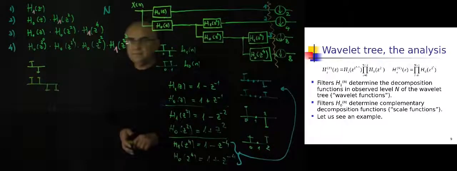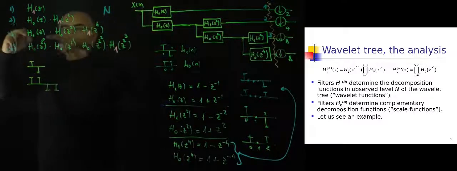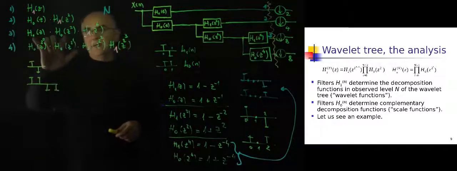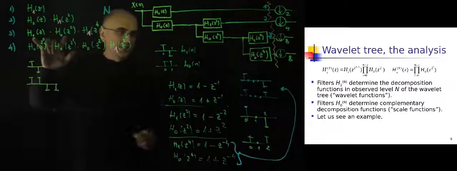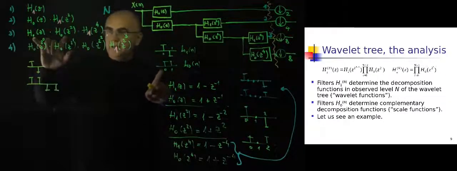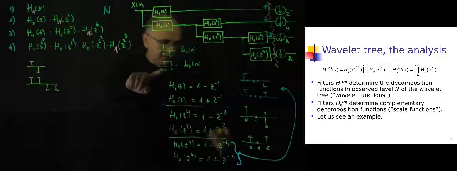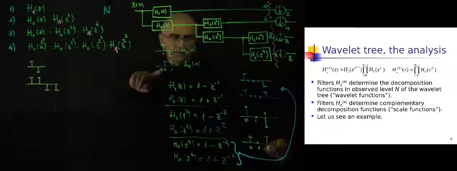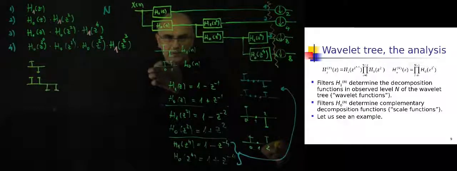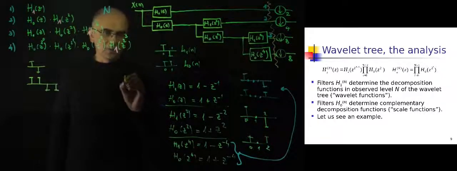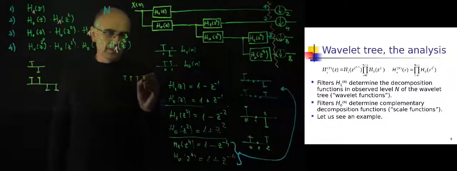Okay then, let's go to level 3 of decomposition. Now I have a cascade of two low-pass filters. This one is always right here, and this one is right there. The convolution of these two will give us something that looks like this: 1 and 1 and 1 and 1.